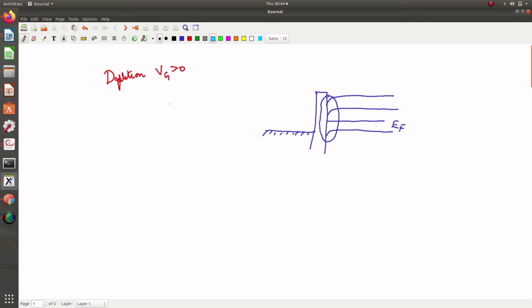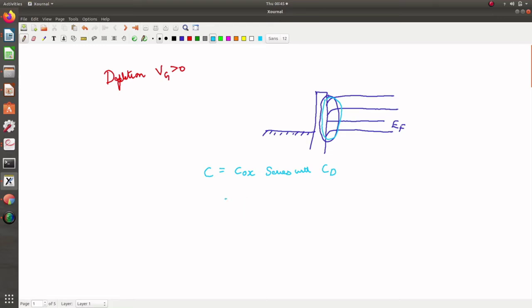Now, this bending of energy band indicates a decrease of hole concentration near the interface, and the effective capacitance now will be a series combination of the oxide capacitance, which we had seen earlier, in series with the newly formed depletion capacitance.